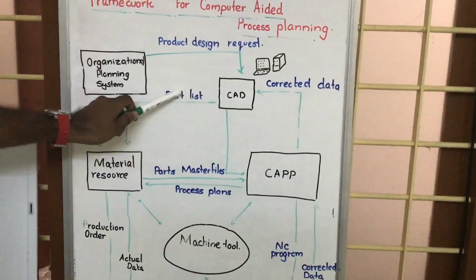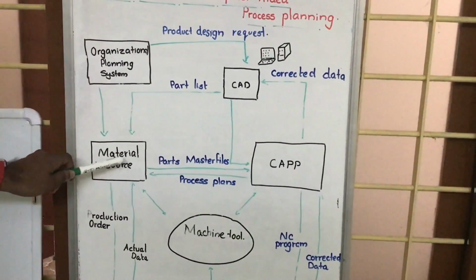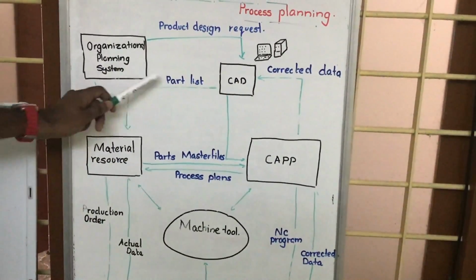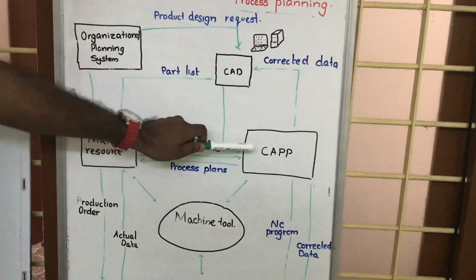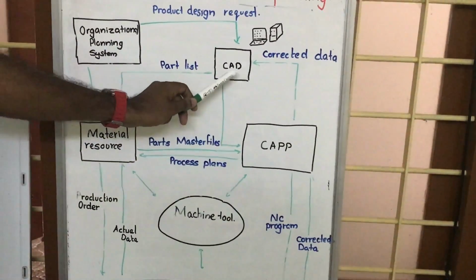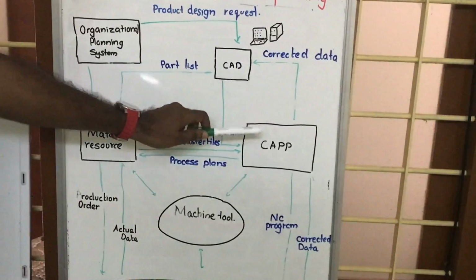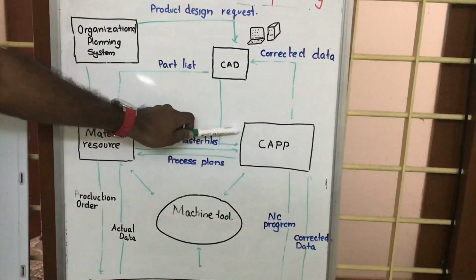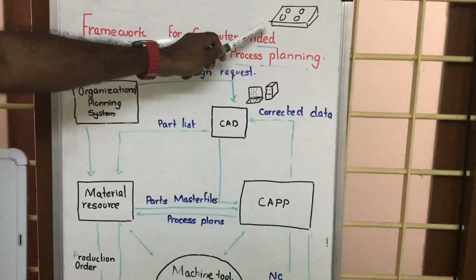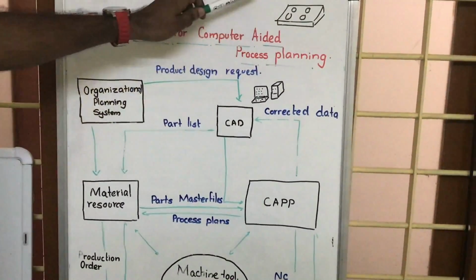From there we will give the part list to the material resource. We need to say how much material we need for the product. Also there is geometric data, which we will give to the computer-aided process planning. So we design the product and give it to CAPP. CAPP decides the set of operations, like here the cutting operation first, then drilling, then the finishing operation.